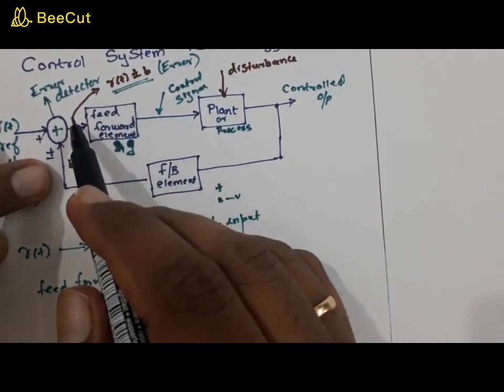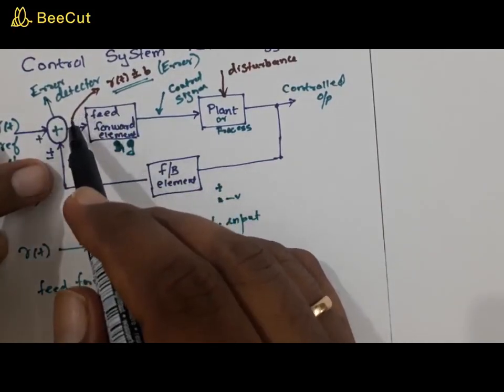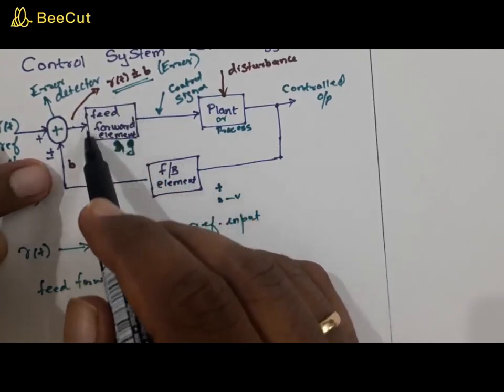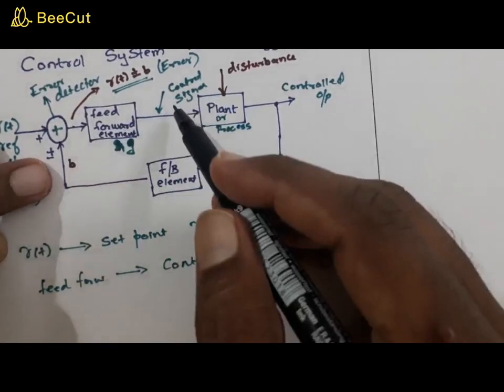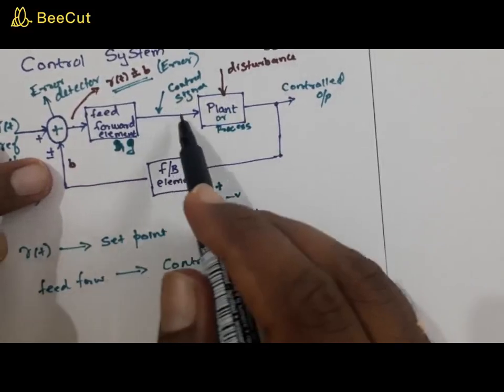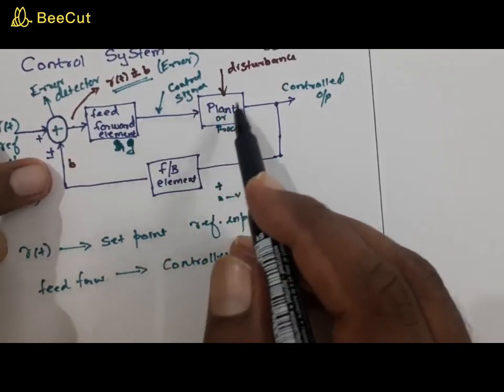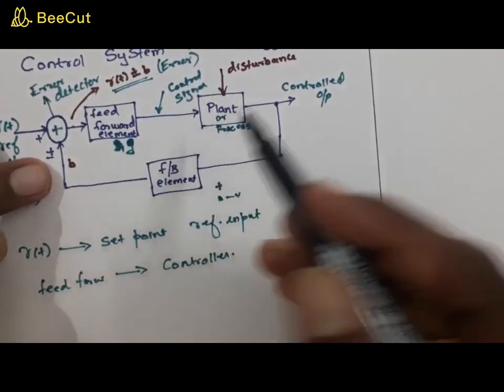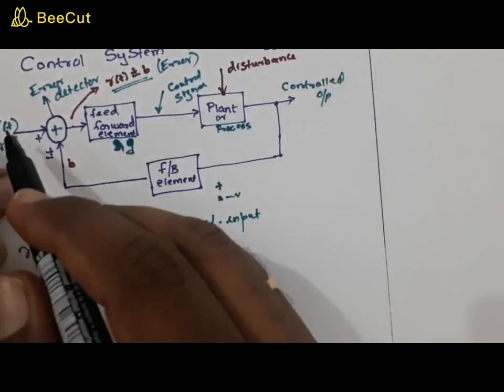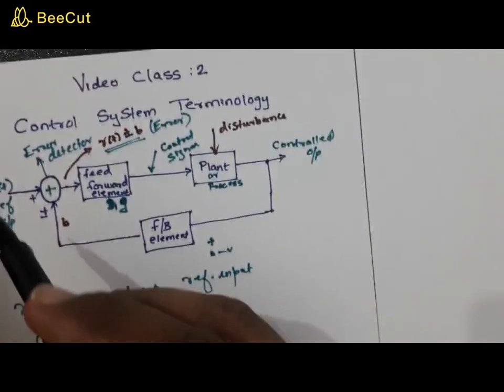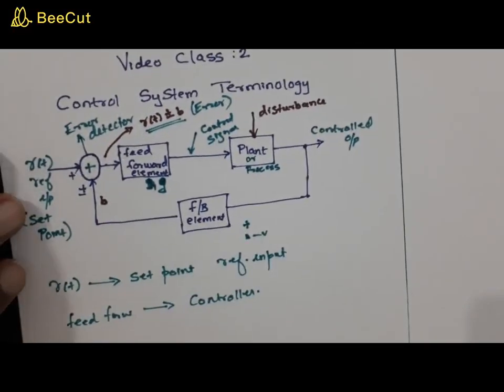The error signal is no longer going to be zero. This induces the feed forward element to generate a control signal, so that by using that control signal, the plant gets controlled in order to maintain this set point. That is the basic working of a control system.